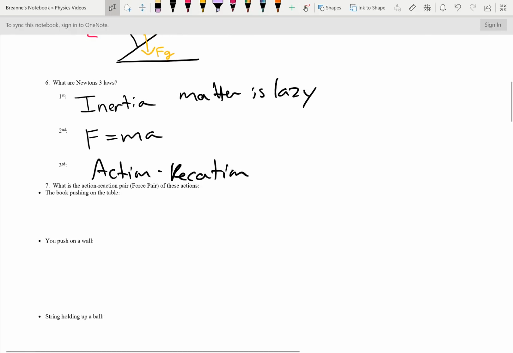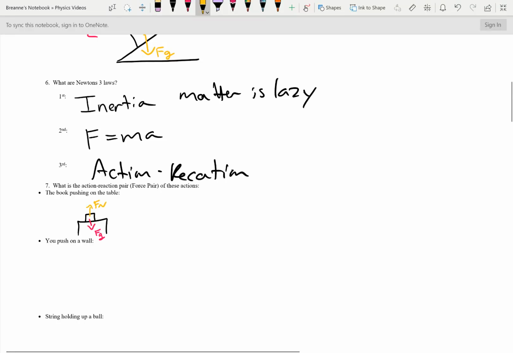So what is the action-reaction pair of these actions? If the book is pushing on the table, so let's draw a little table. We have a book. So that's like force of gravity. What's keeping that book from going through that table? It's a force of normal. So the book is pushing on the table and the table is pushing back on the book.